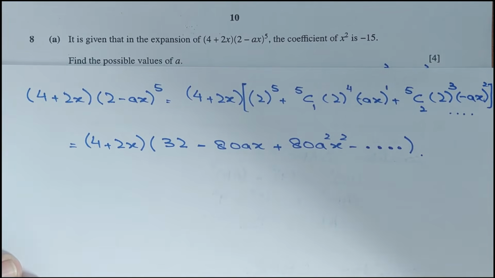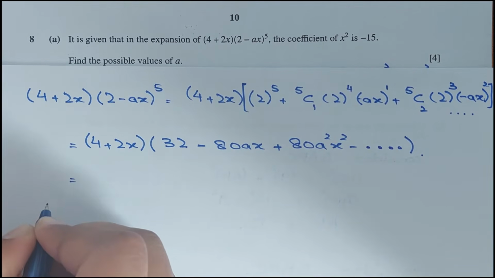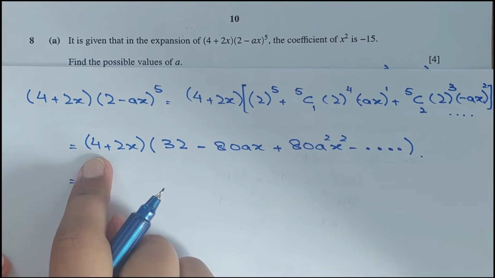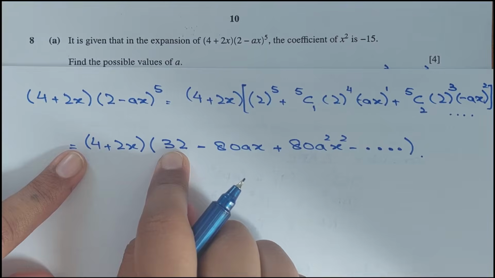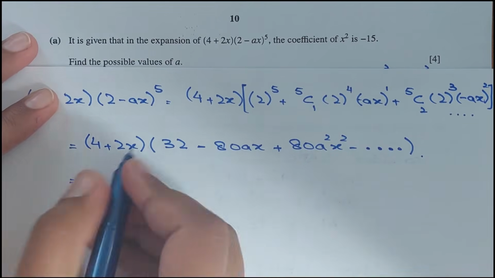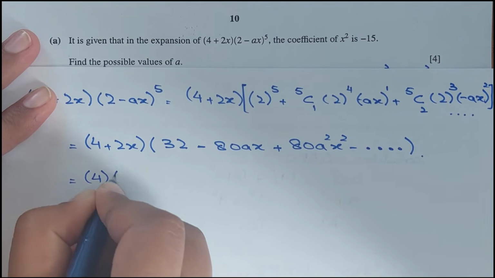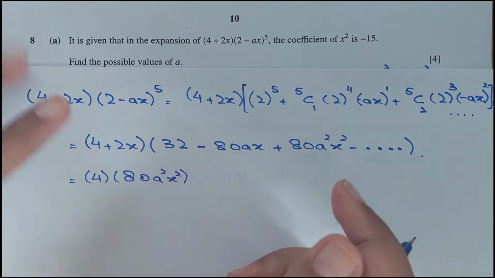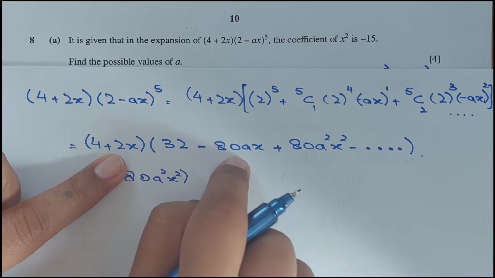Now let's do the product, and we need to find only the coefficient of x squared. So when 4 is multiplying with this term, it's the constant, x and x squared terms: 4 times 80a squared x squared. For 2x, this is the x term and this is the x squared term.